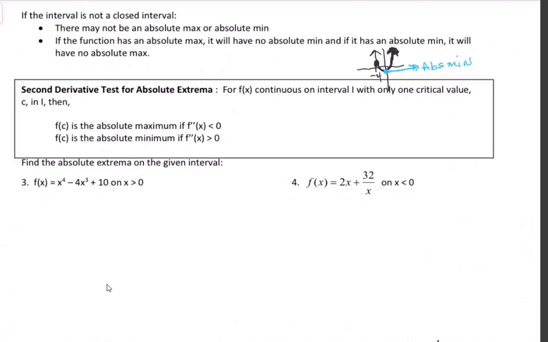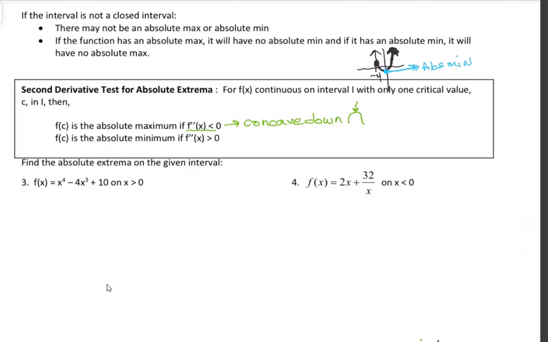So the absolute max is going to occur when my second derivative is negative, because remember, when a second derivative is negative, it means that my graph is concave down. And if you just draw a picture of something concave down, notice that it naturally creates an absolute max.